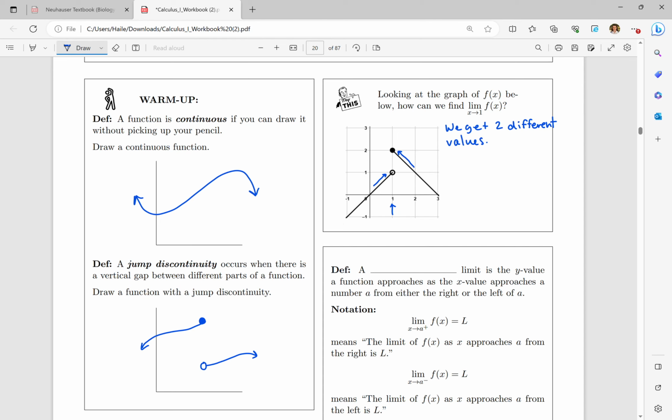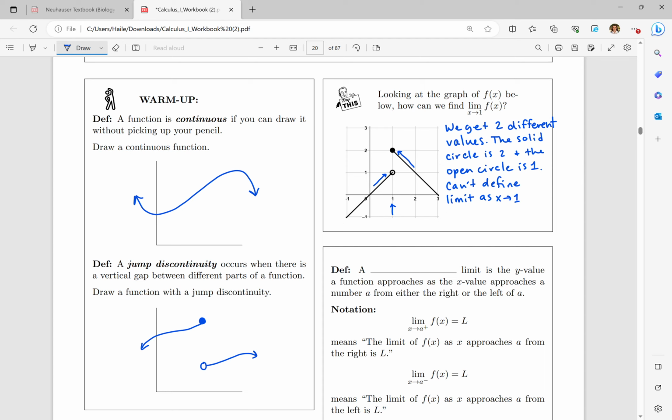The solid circle is 2, and the open circle is 1. Since we have two different values, we can't decide on one value to give to the overall limit, and that's a problem. So we can't define the limit as x goes to 1.